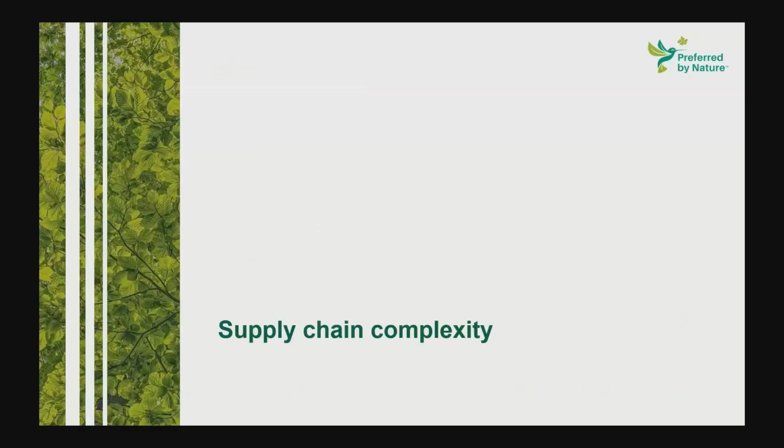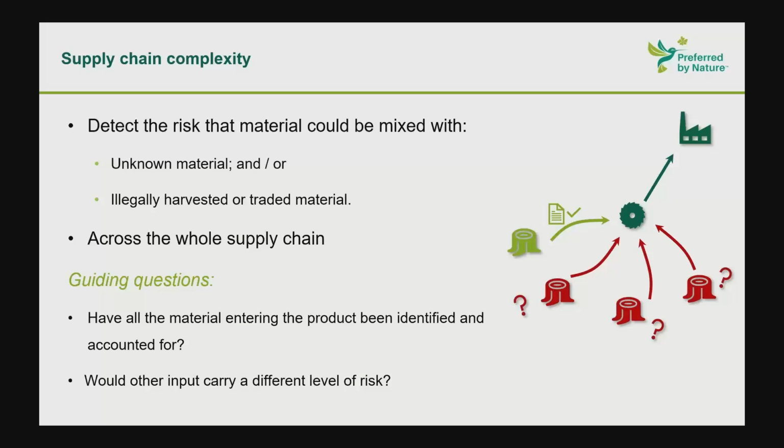Finally, on this second step, supply chain complexity issues. The idea behind supply chain complexity is to detect the risk that materials could be mixed with unknown material and/or illegally harvested or traded material. The idea is that any unknown material could be illegally harvested or traded, right? And this assessment needs to be conducted across the whole supply chain.